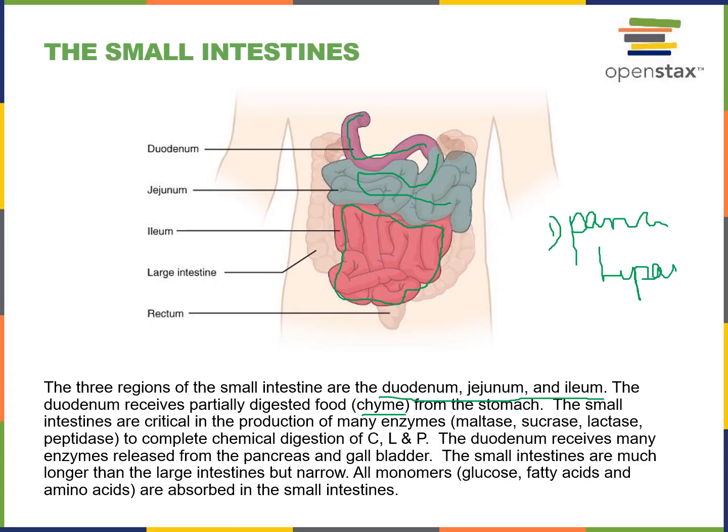The name alone should tell you that it's an enzyme, it's made by the pancreas, and it will only digest lipids. Pancreatic lipase will convert lipids to fatty acids. That's their monomer.